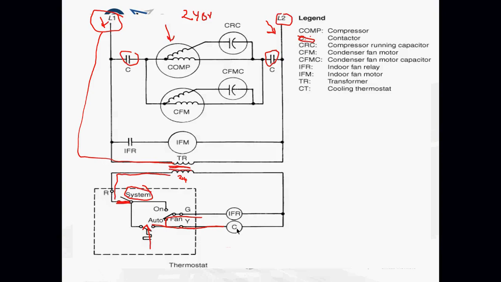The contactor coil magnetically closes C and C. At the same time, the G terminal provides power to the IFR relay, and IFR closes and energizes the indoor fan motor.